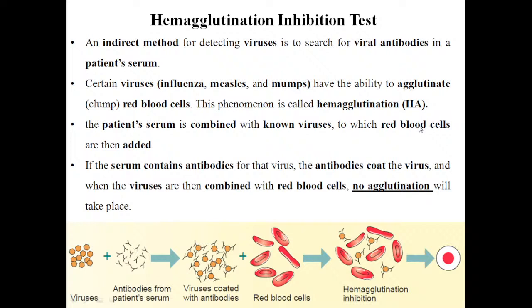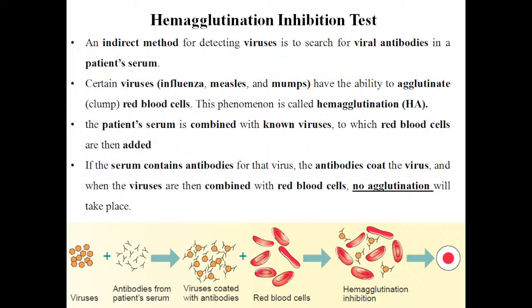I have just talked about indirect agglutination. Another type of agglutination reaction is the hemagglutination inhibition test. An indirect method for detection of viruses is to search for viral antibodies in patient's serum. Certain viruses like influenza, measles, or mumps have the ability to agglutinate or clump red blood cells.